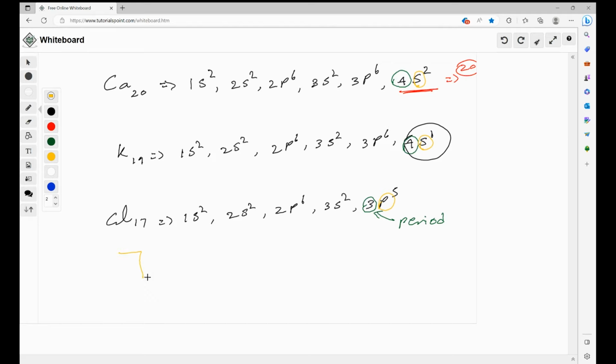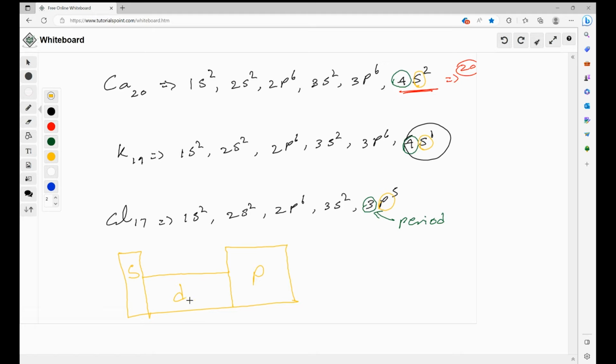If I draw the periodic table very quickly, it looks like this, isn't it? If I separate it like that, these two columns we call S, the S block. The part in the middle we call the D block, or D subshells, or transition metals. Over here we call P. So the ending part tells you it's an S block element, or a P block element.